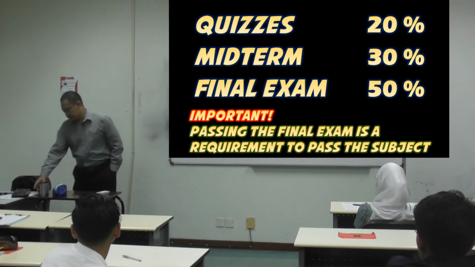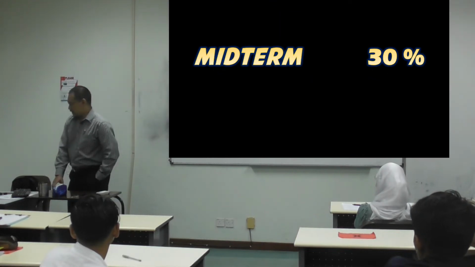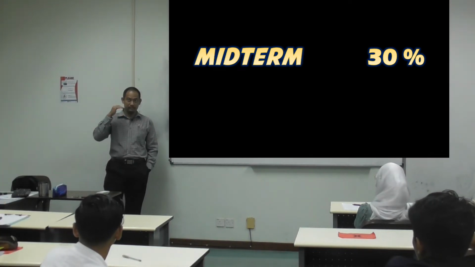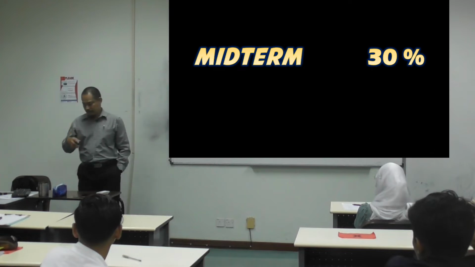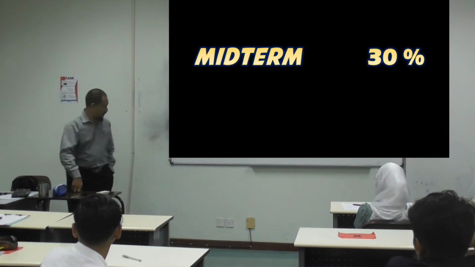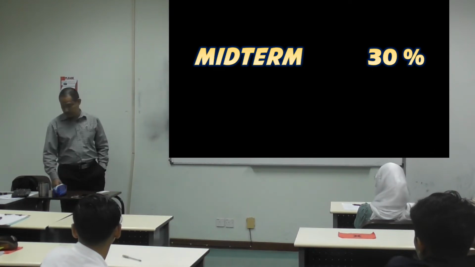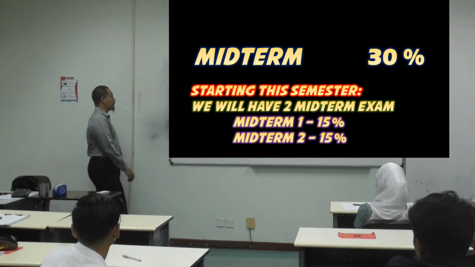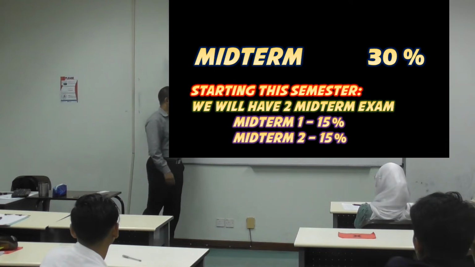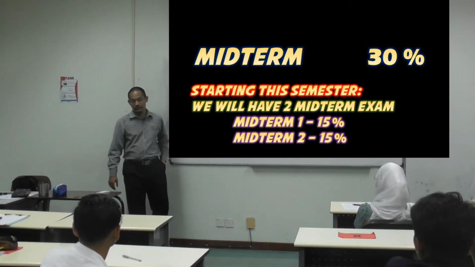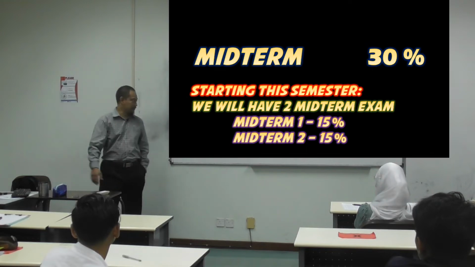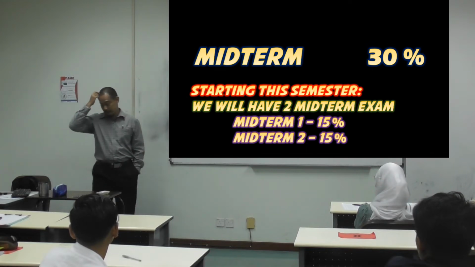So that's an example. Now, in the midterm, normally we have 1 midterm in the middle of the semester, but this semester the lecturer for statics has decided to change this so that we have 2 midterms. Each will give 50%, 50%. So one is quite early, and one is right after the normal midterm for other subjects.